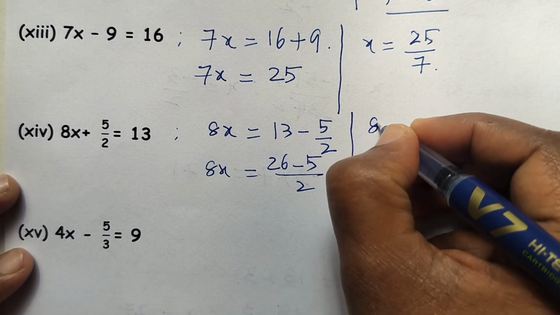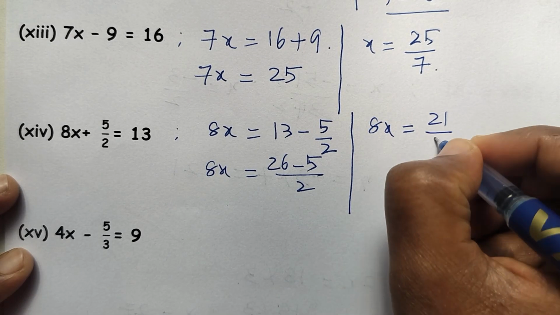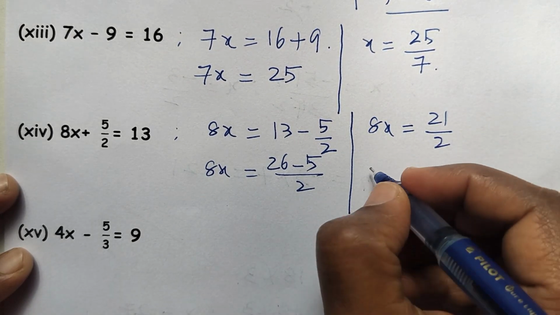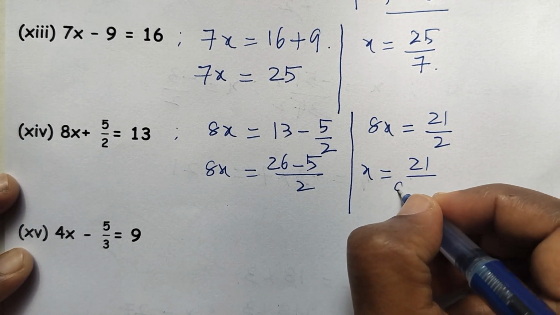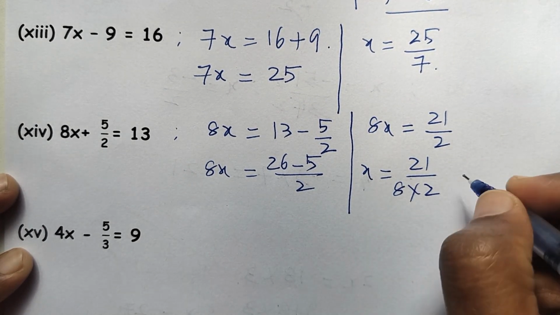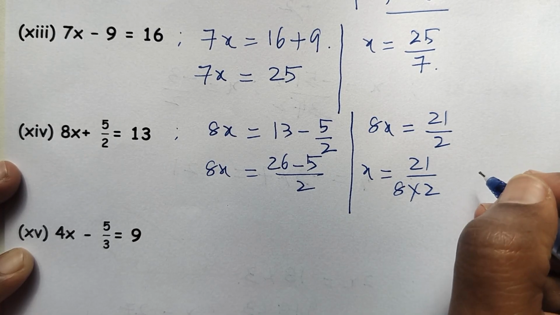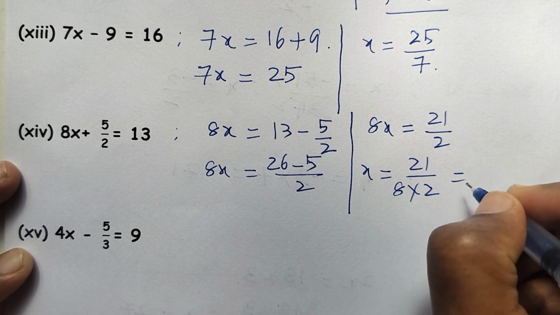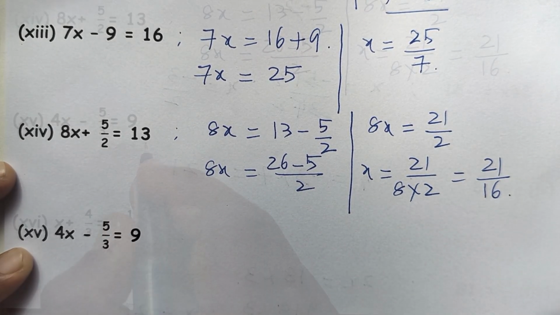So 8x equal to 26 minus 5, it will be 21 by 2. So x equal to 21 by 8 into 2. So that will be 21 by 16.